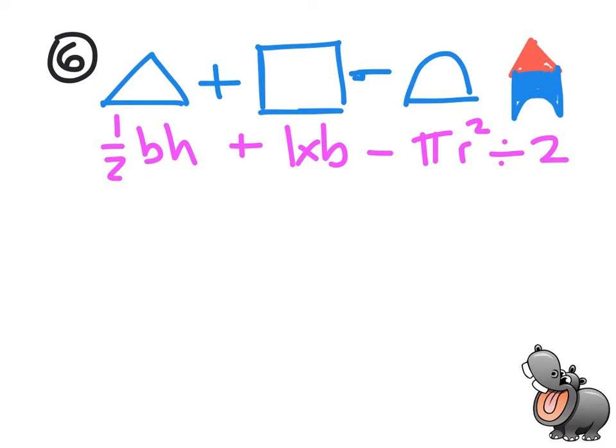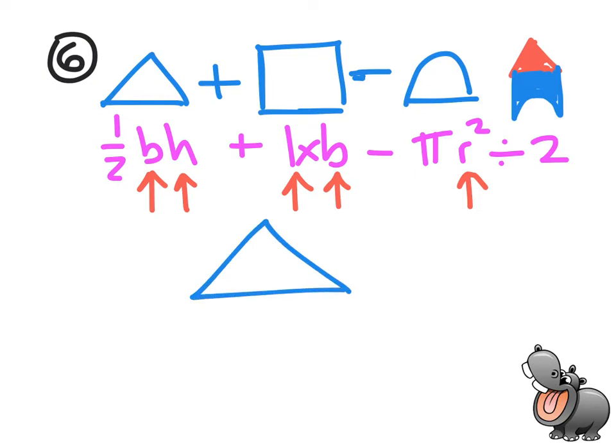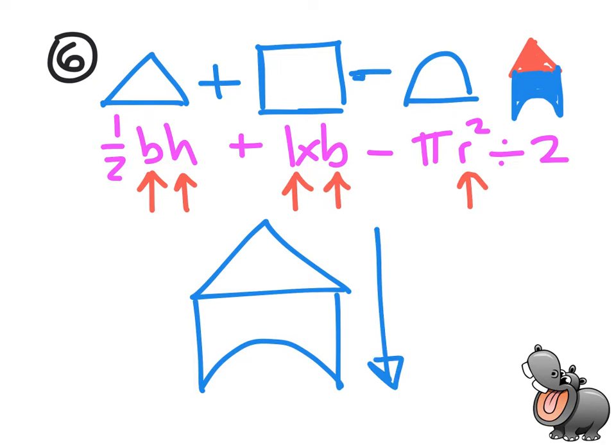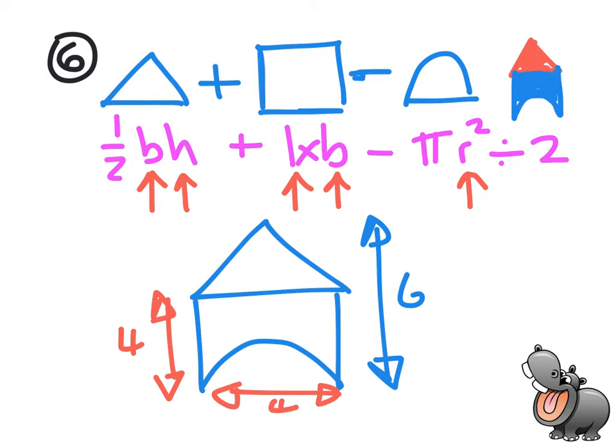So all we really need to work out is the numbers which are going to go in here in place of the letters. Let me draw the diagram a wee bit bigger. It will tell you that the whole height of the shape is 6 and the square is 4 on the side and 4 on the bottom.